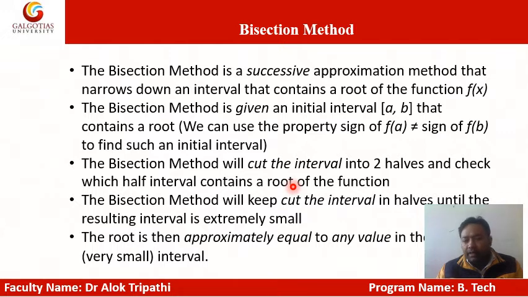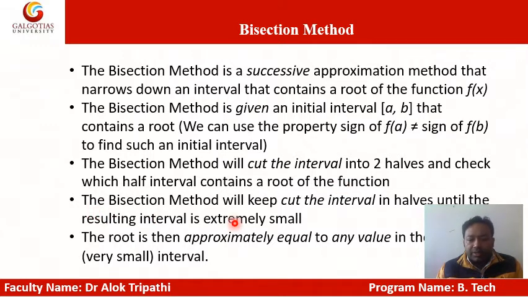Now again we will check the sign of the function in the first interval and for the second interval. It will tell us in which interval, 0 to 1 or 1 to 2, the root of the function exactly lies.